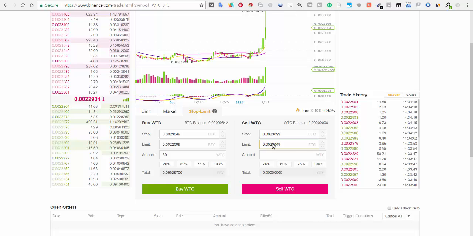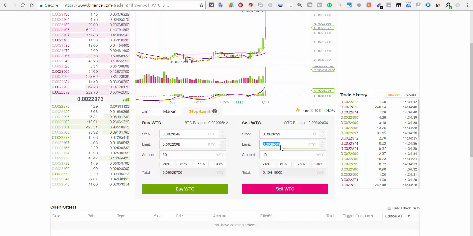So that's 2.46 is fine. Okay, and then you type in the volume or the amount of coins you want to sell, right? So once it gets to this point, anything below this is not going to sell. Anything above, once it gets to this point, it's going to start triggering and it's going to sell at this point.